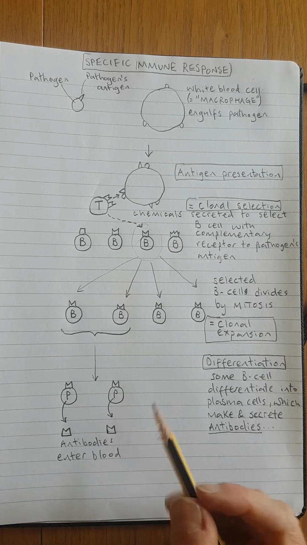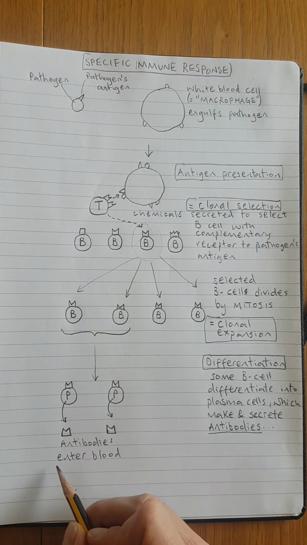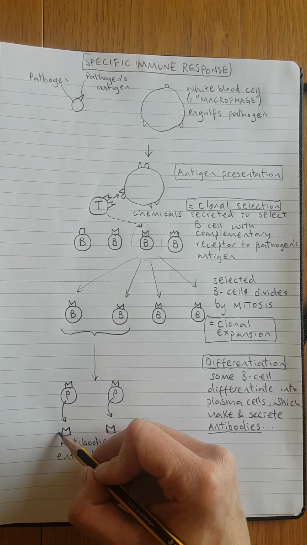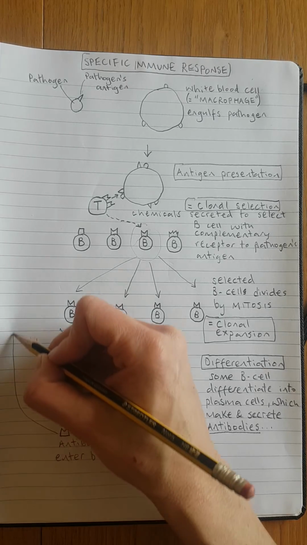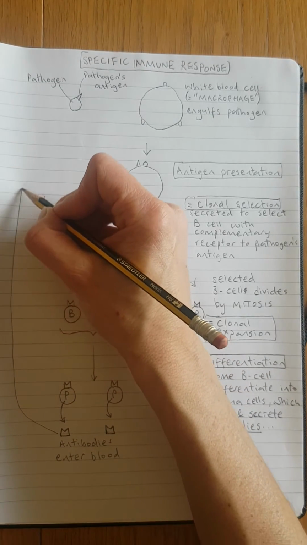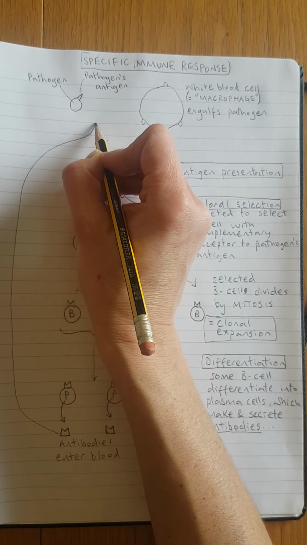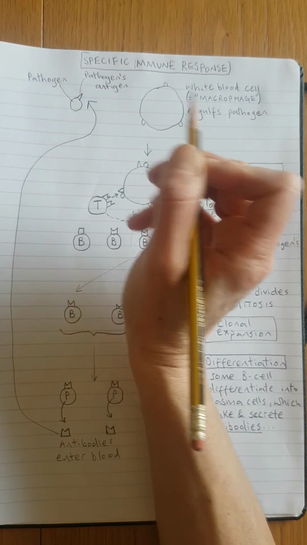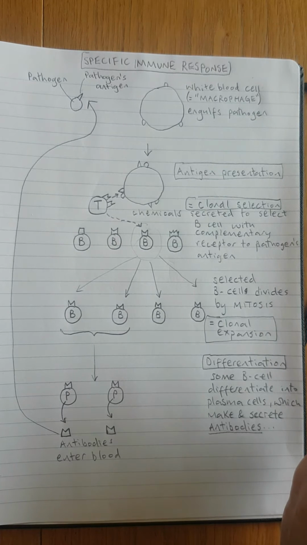And we'll think about what happens to those in a bit. Okay, so off they go. And if I just draw an arrow, we can see that they would go into the bloodstream and they would go all the way back up to any pathogen that hasn't yet already been engulfed and bind to it. And we'll think about what happens with that later.